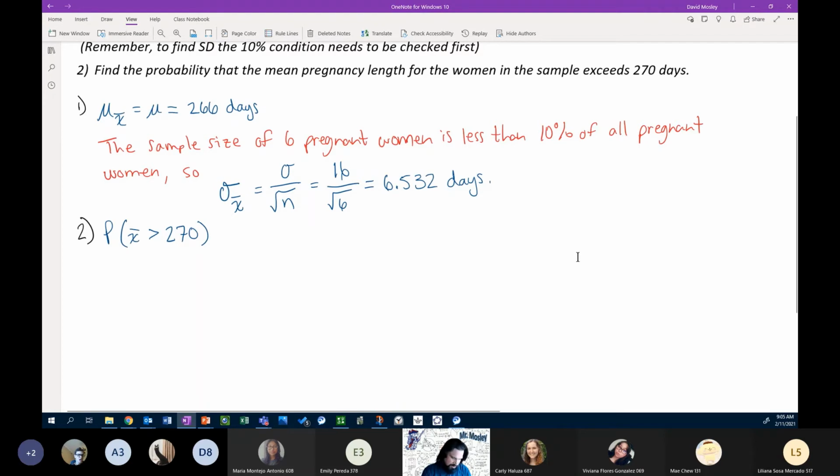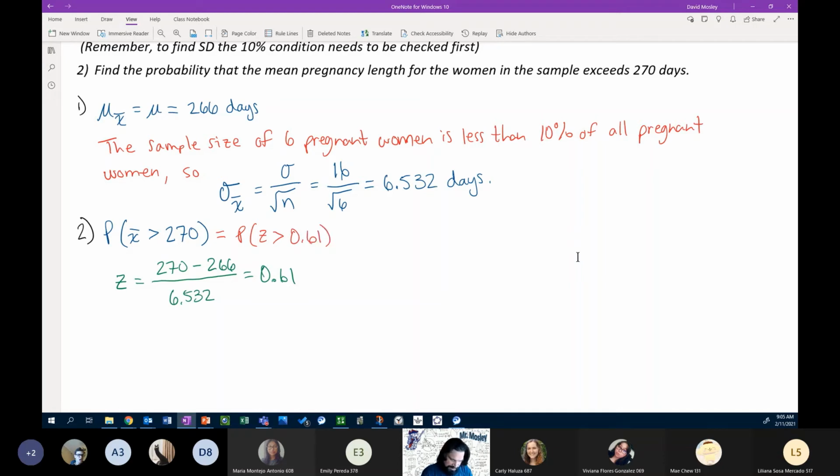So first, we're going to standardize 270. So we get z equals 270 minus 266 divided by 6.532. And we get a standardized score of 0.61. That tells us that the probability of X bar being greater than 270 is equal to the probability of z being greater than 0.61.